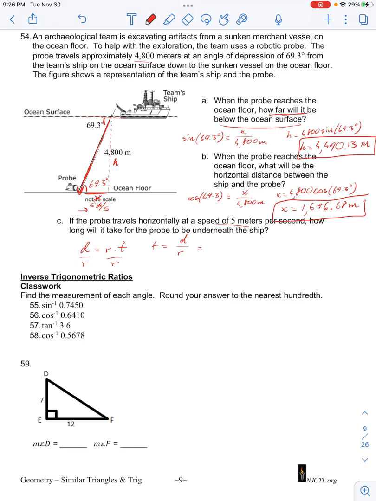Our distance is this horizontal distance that we found in part B, which is 1,696.68 meters divided by 5 meters per second. This gives us a time of 339.34 seconds.